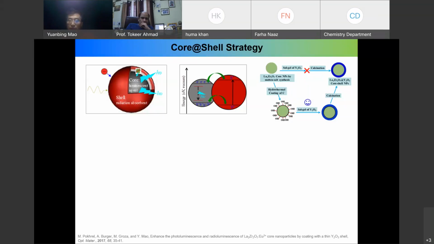Carbonaceous materials have a lot of hydroxyl groups, and the hydroxyl groups are ideal for the sol-gel coating on the core particles. And then, once we've done that and do the calcination, we will be able to get these core-shell nanoparticles.